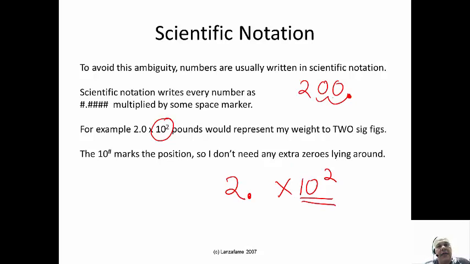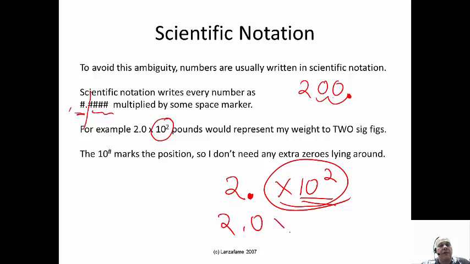All scientific notation has exactly the same form. It's a number followed by a decimal point, followed by as many other numbers that are significant. And so in my 200-pound example, if there's only one significant digit, I simply write the 2 followed by a decimal point with the 2 powers of 10 indicating where the decimal position should be.